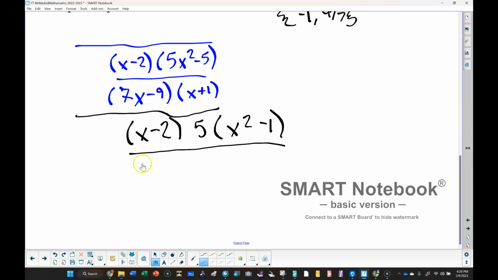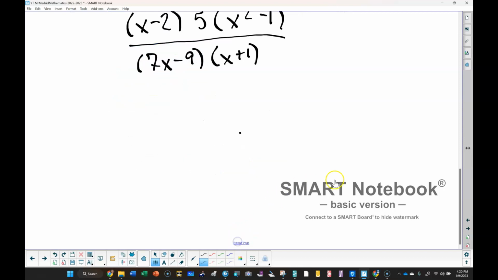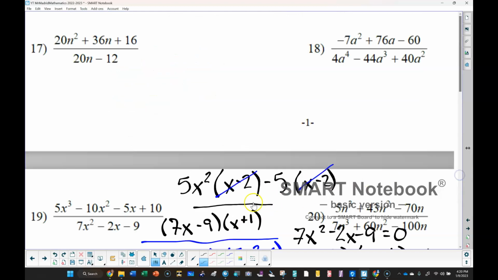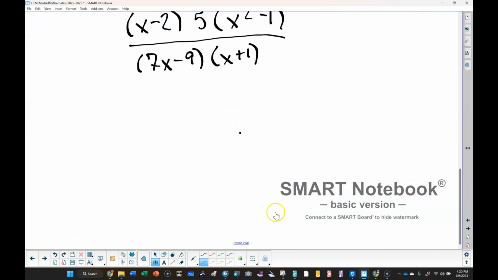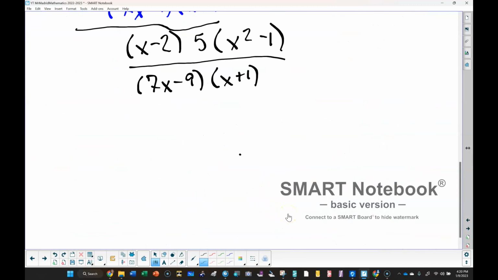And down here I'm still left with 7x minus 9, x plus 1. Okay, I'm looking here and I notice that again there's nothing that cancels, so my eyes come to this x squared minus 1 right here. I know that I can break this up.